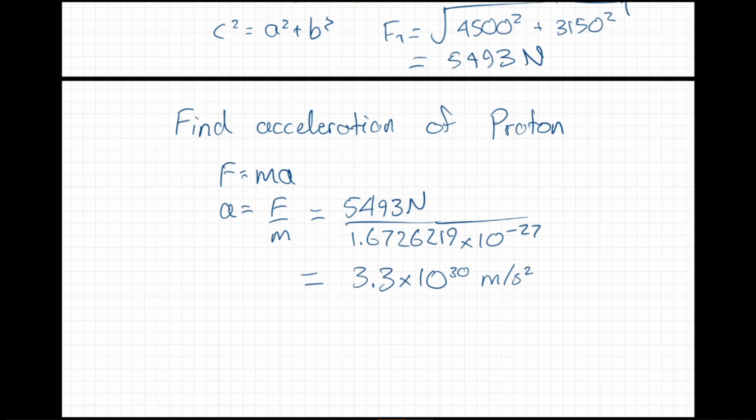Does your formula and data book give you the charge on an electron? It does, right? Qe? What's that? In magnitude. What's its order of magnitude? Times 10 to the negative 19.